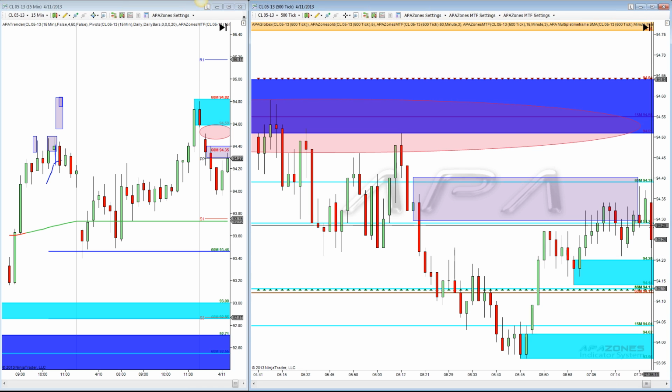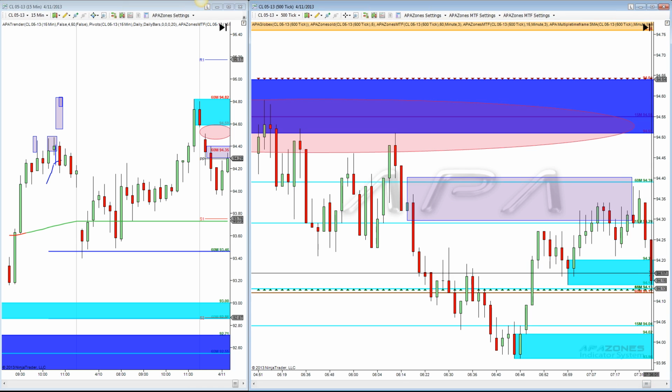All right. So then we get a little engulf, and it comes back down into this zone. Look at our support down here. Okay, so these lines, even though this is a 60 minute supply zone, this could be a little bit of support for us, but it doesn't have to be major.